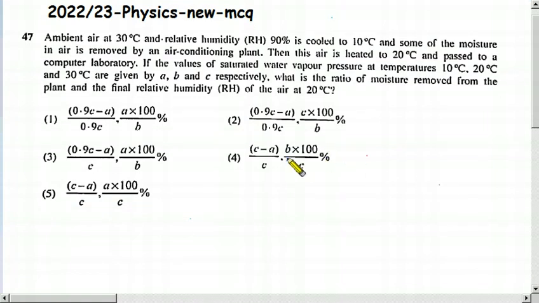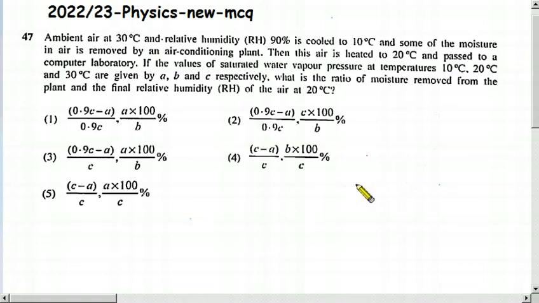Before we go to solve this question, I have something important to tell you. In these types of questions, calculating relative humidity, in this lesson we don't calculate pressure change according to the temperature change.